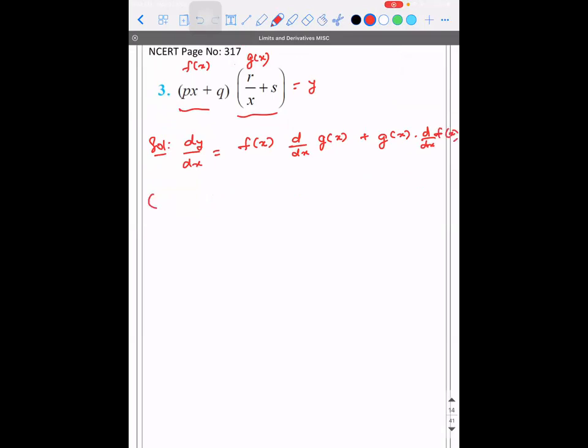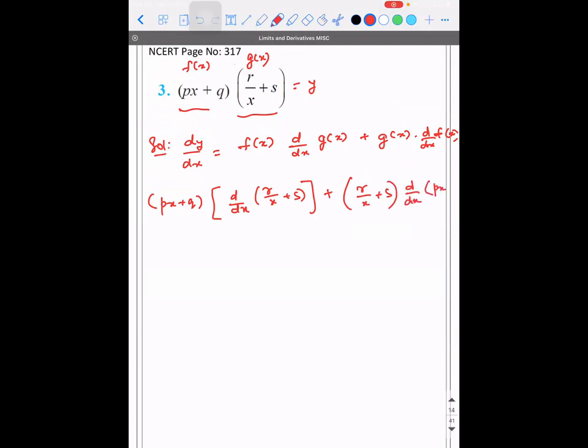F of x is px plus q, into the derivative of g of x, plus g of x, that is r by x plus s, into d by dx of f of x.